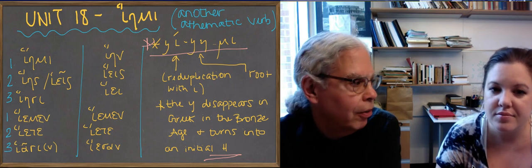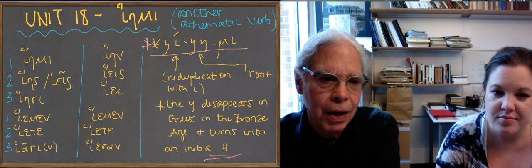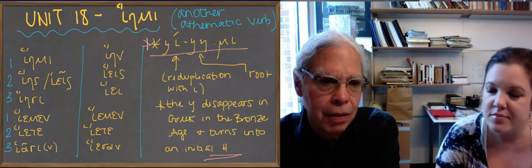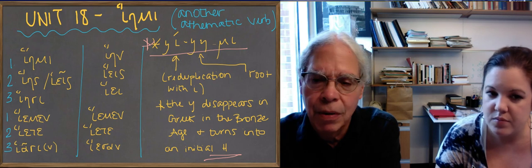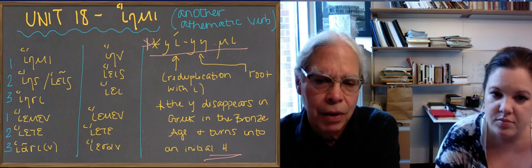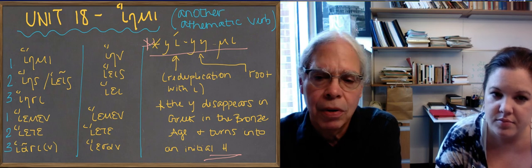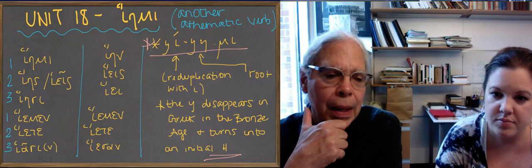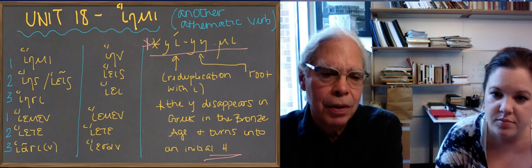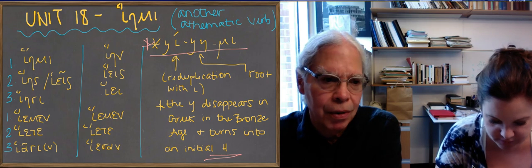And that can alternate between the form with an eta, the form with an epsilon iota, the diphthong form of the stem, and the form with an epsilon. So just as you have with τίθημι, you have the stem with an eta, with an epsilon iota, and with an epsilon. So basically, these things are the same. The distinctions are minute, okay?